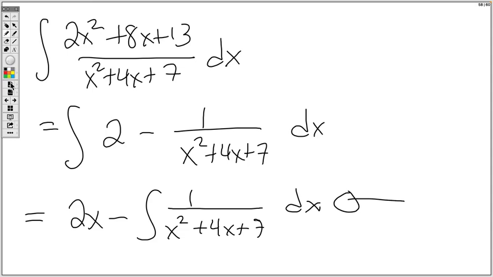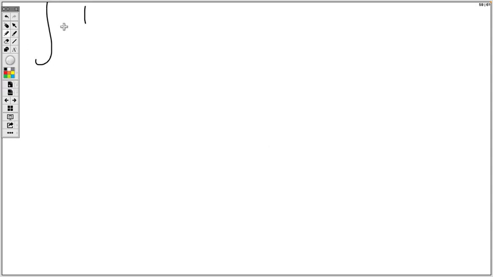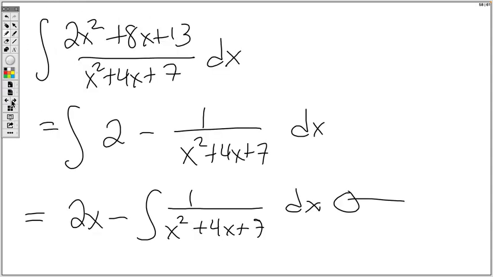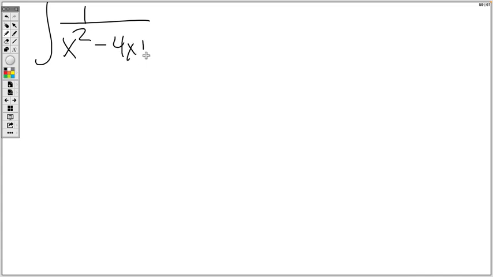So we'll do that over here. If we think about trying substitution on, or partial fractions on this, we would have to go in there and see if it's an irreducible quadratic or not. So we'd have to check our discriminant here.